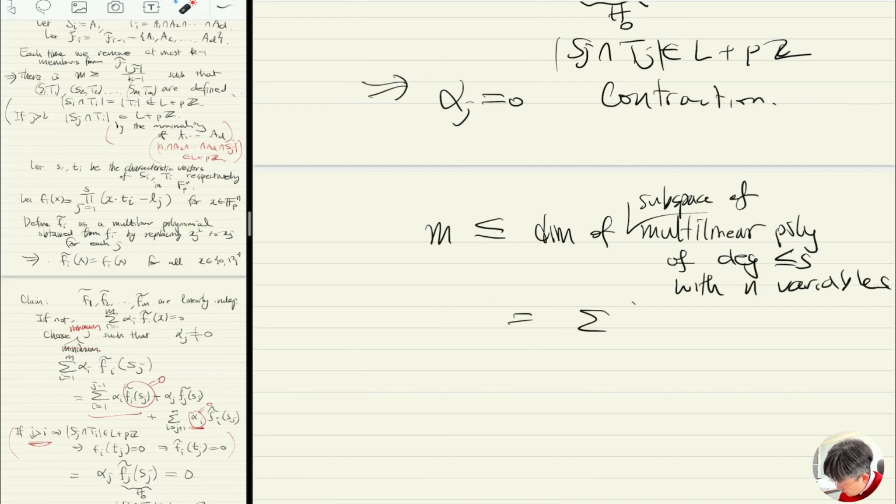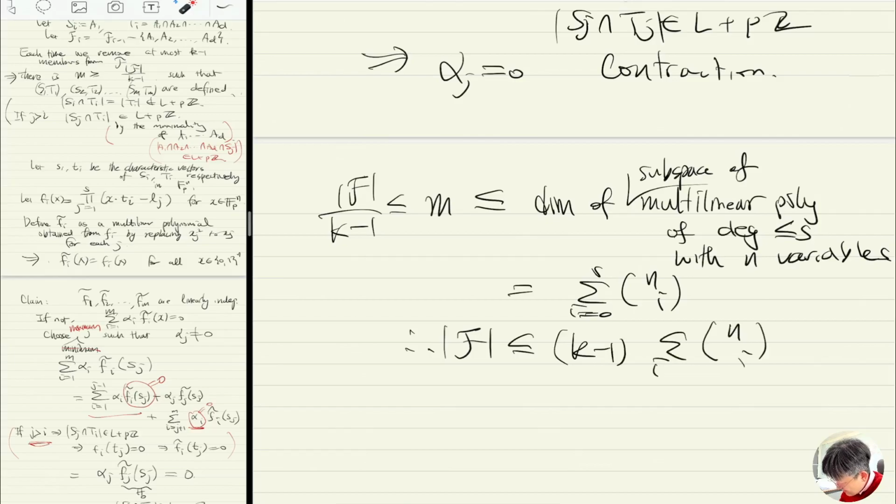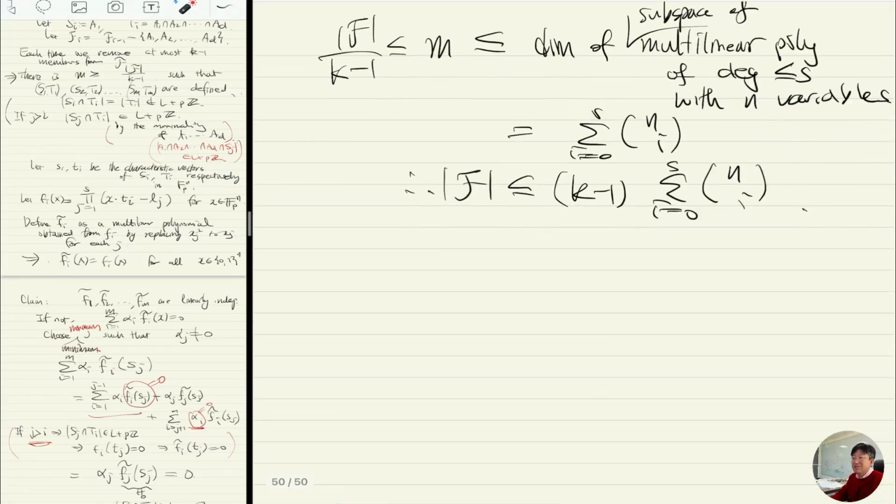So that's the sum of n choose i from 0 to s. Now I know that m is at least the size of the family divided by k minus 1. So the size of F is at most k minus 1 times the sum of n choose i. All right. So that's the proof.